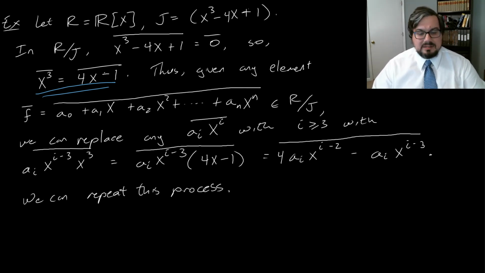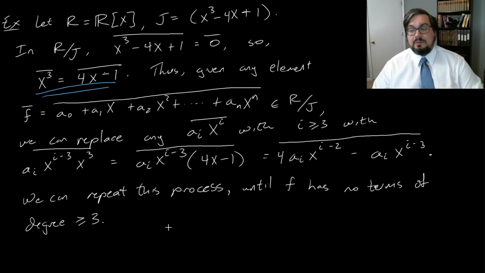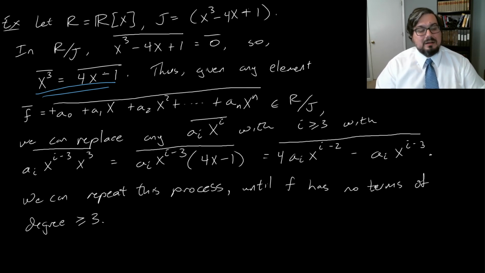We can repeat the process until f has no terms of degree greater than or equal to 3. And we can do this with any element that we started with in R mod J. So that means that R mod J can be represented using only polynomials of degree 2 or less.